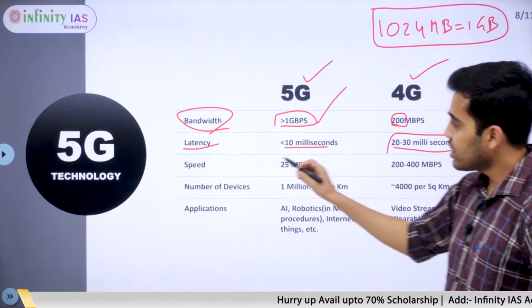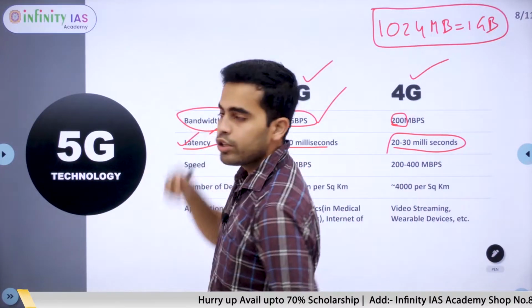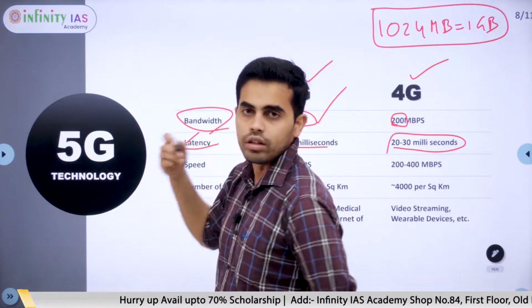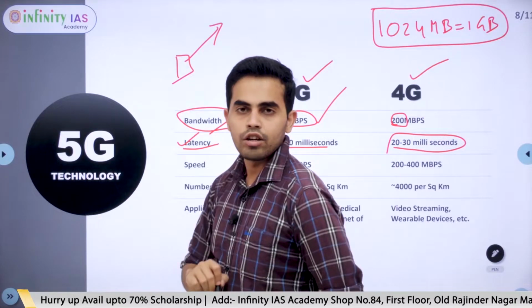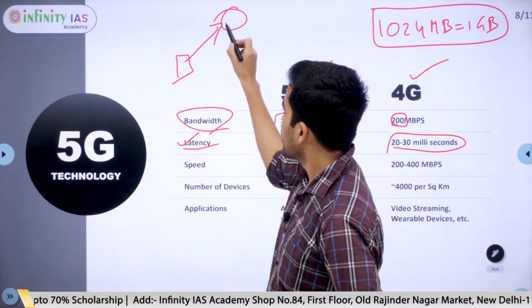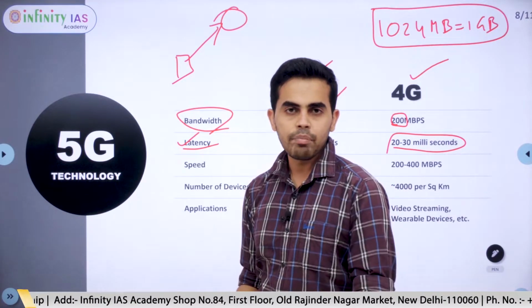Now we have to understand what is latency. For example, you have opened your mobile and you have searched for something. You have Googled for something. Your mobile will send a query or a question to the internet. Then the internet will take some time before sending you the reply.